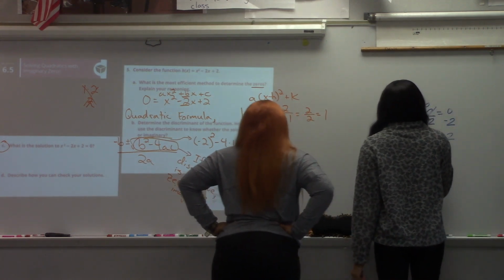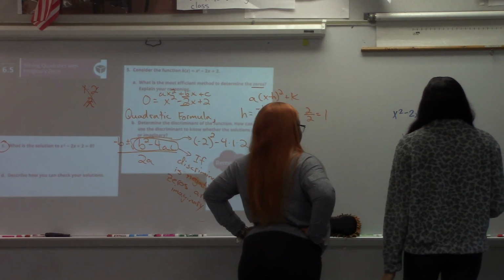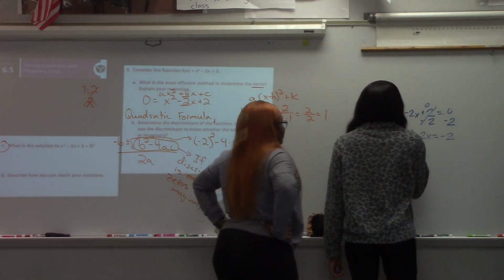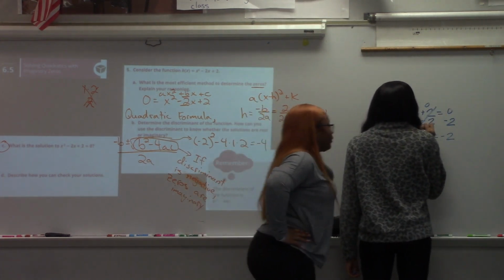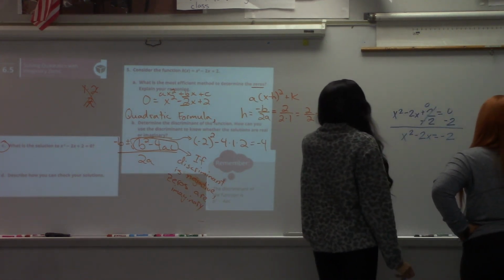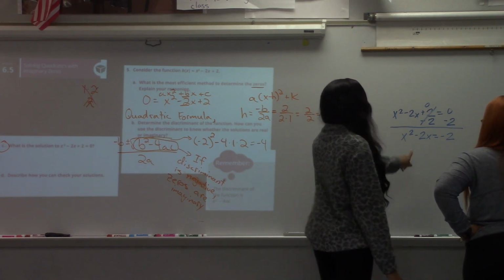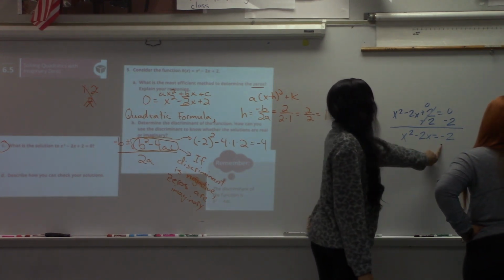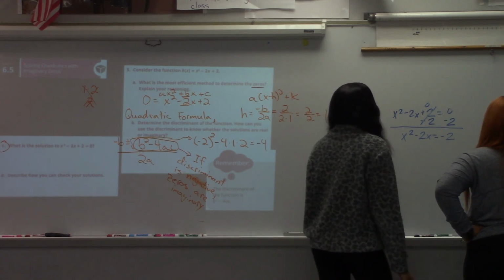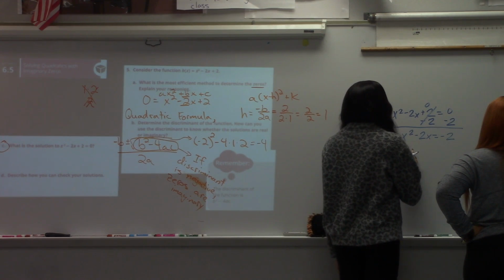AC method of factoring with the zero product property. You got to say all of that if you want to think through all that. Can we factor in this one? Okay, so that's not an available method this time around. So what is available? Quadratic formula, and converting the vertex form with our inverses, right? So which method do we want to use as a small group?